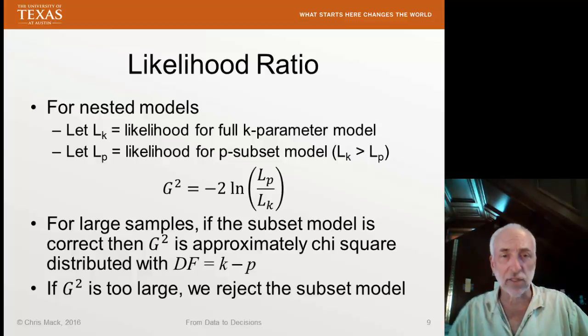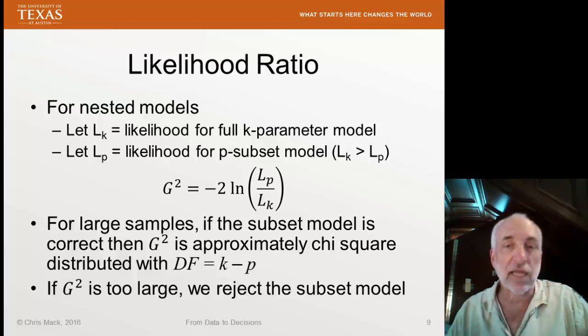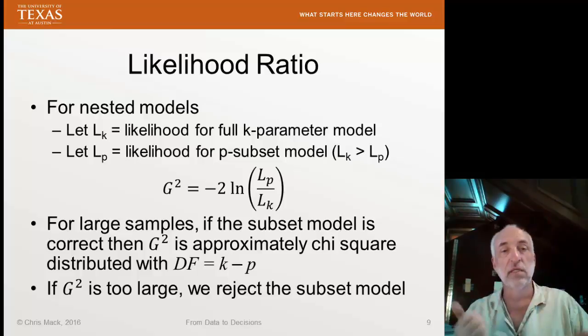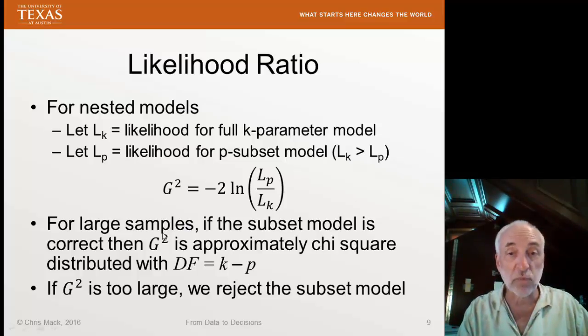So it's only comparing likelihoods. For a large value of n, a large number of data points in the sample, we can say that if the subset model still doesn't have any model error, then G squared is approximately chi-squared distributed with k minus p degrees of freedom.